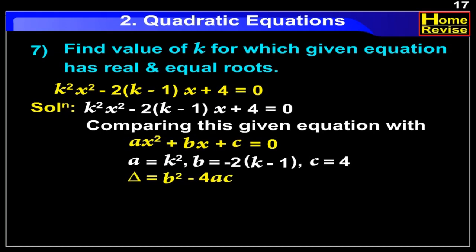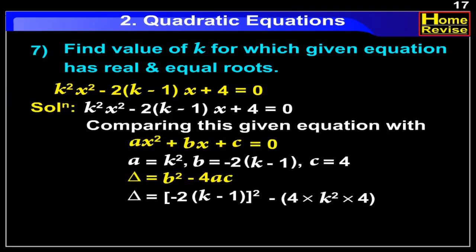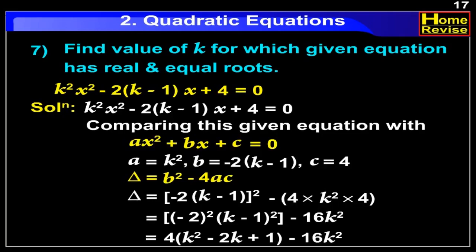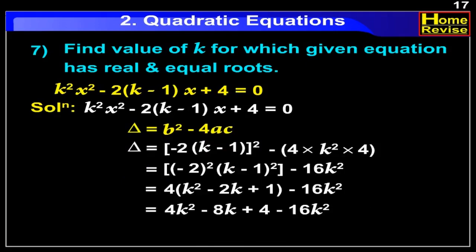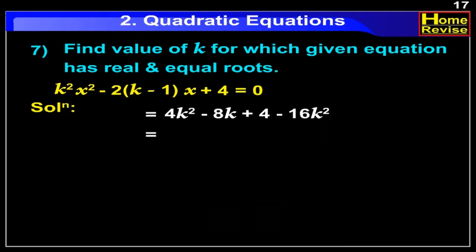Substituting the values of a, b and c, we get delta is equal to [minus 2(k minus 1)] whole square minus 4 into k square into 4, is equal to minus 2 square into (k minus 1) whole square minus 16k square, is equal to 4(k square minus 2k plus 1) minus 16k square, is equal to 4k square minus 8k plus 4 minus 16k square, which is equal to minus 12k square minus 8k plus 4.